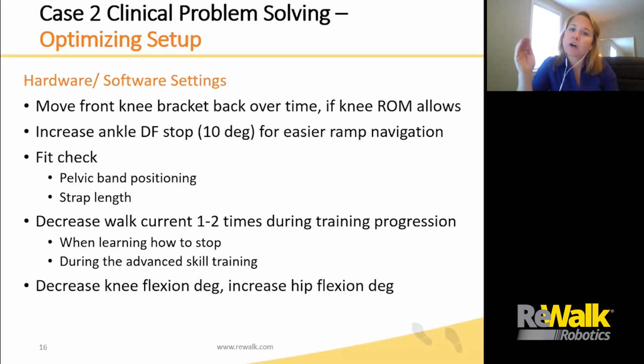If we leave that current up too high while we're trying to train them to stop, the device might think, oops, that was an accidental scuff, I'll let them keep going. So we want to bring that threshold down as the user is becoming more advanced. And as we mentioned in the last case, continue to decrease knee flexion and increase hip flexion as is appropriate for the patient's height, ability level, and comfort.